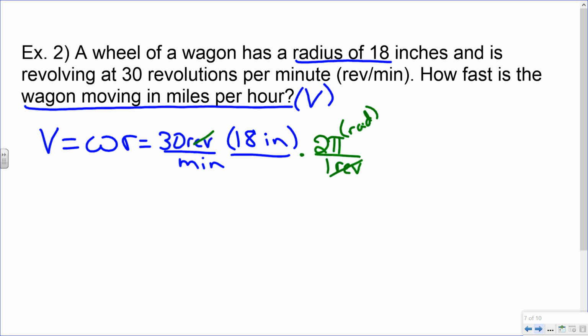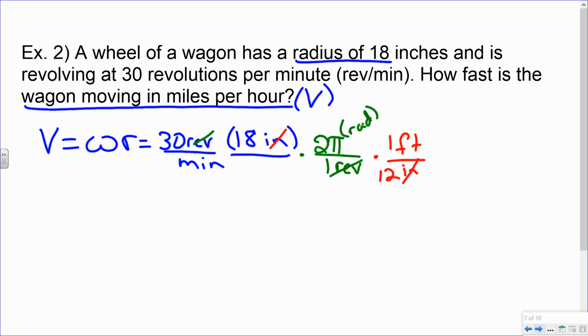Now this is just a regular Algebra 1 unit multiplier problem. We had to change the inches to miles and the minutes to hours. Does not matter which one you want to do first. So let's see, Avery, give me one multiplier I could use to start changing one of those. Okay, so if we get rid of the inches, we use 1 foot over 12 inches, cross the inches out.